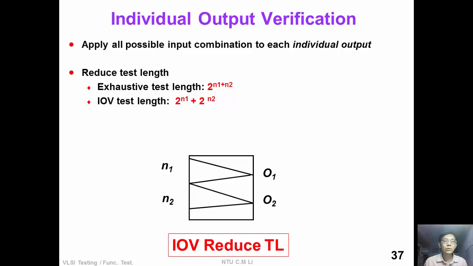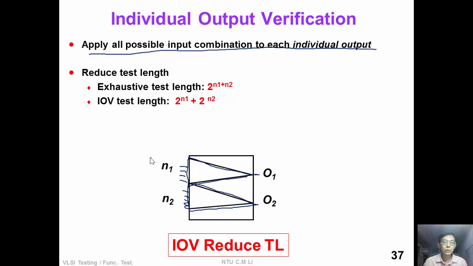Now, let's introduce individual output verification. In individual output verification, we apply all possible input combinations to each individual output. For example, in this circuit, the input cone of output O1 has N1 inputs, and the input cone of output O2 has N2 inputs.